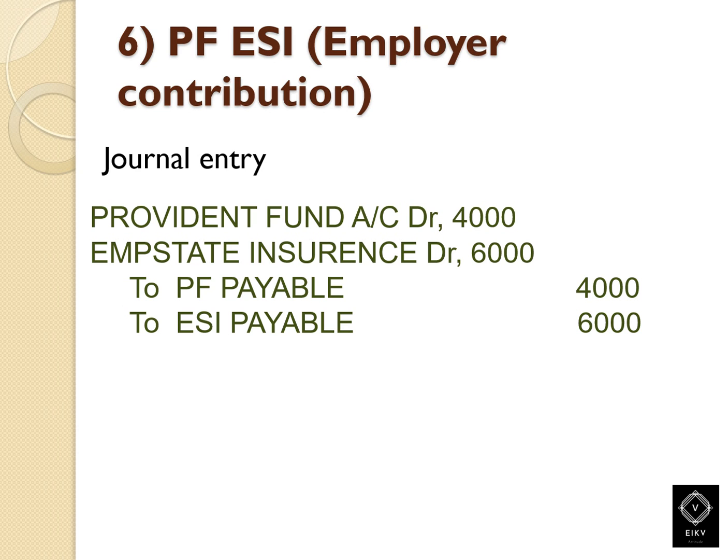In this entry, when we come to the golden rules of accounting, we know that we debit all expenses and losses, right? Yes. So in such scenarios we should debit the expenses. These are the expenses incurred for the employer. This head will appear in the profit and loss account as an expense. To ESI payable and PF payable, these are current liabilities and they should be increased, right? Yes.